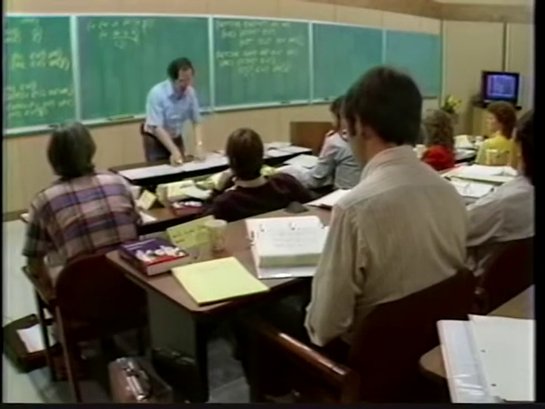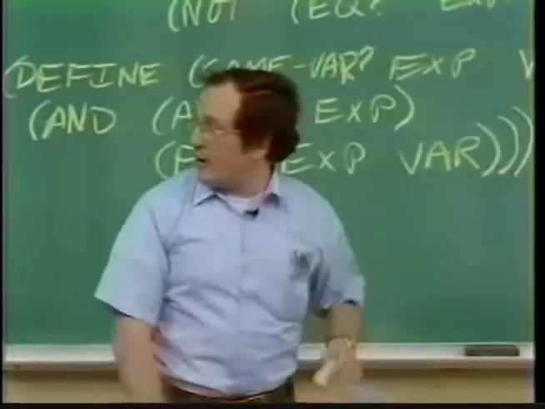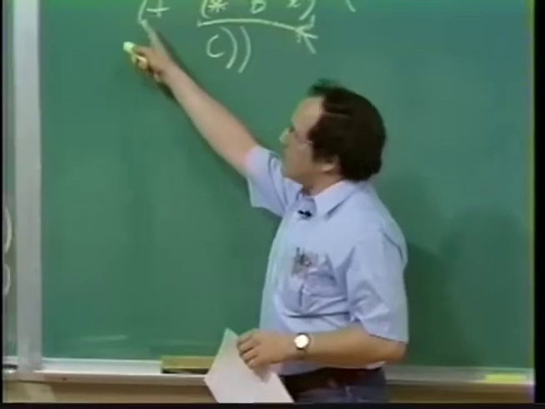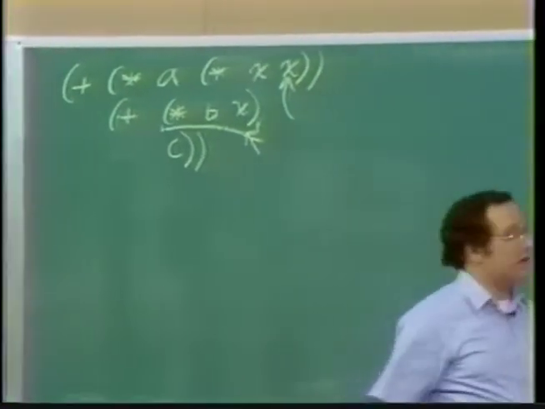Now, how do we deal with sums? Something very interesting will happen. A sum is something which is not atomic and begins with the plus symbol. That's what it means.